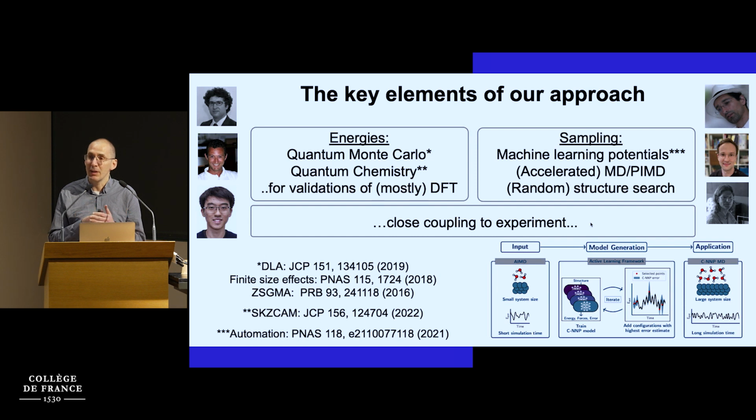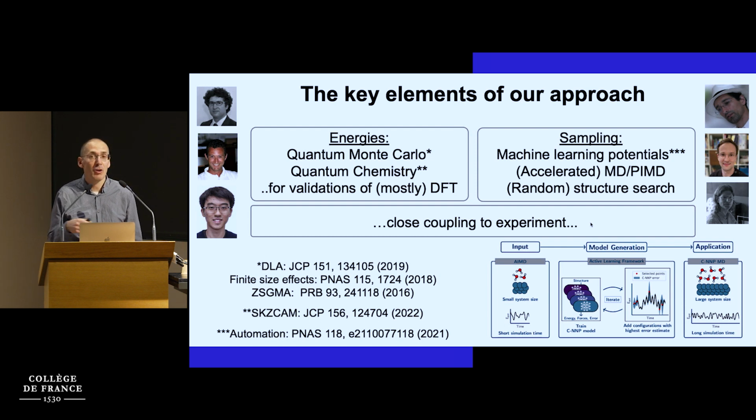We need very high accuracy for the water and the water-surface interactions, and the dynamics of water can be challenging, so to tackle this we rely on quantum Monte Carlo to generate reference data and interaction potentials.